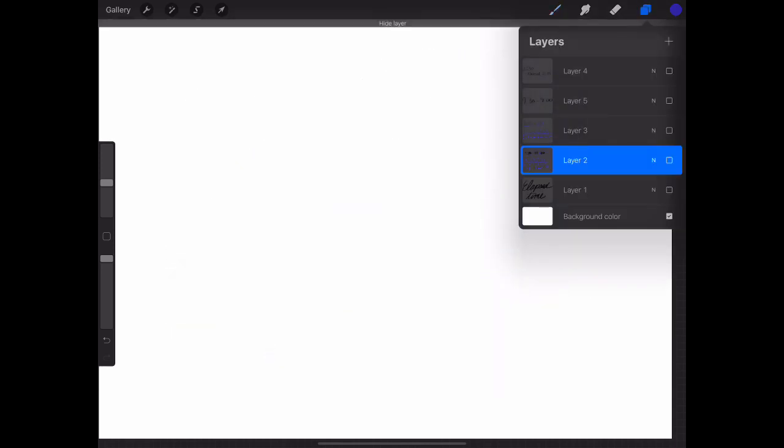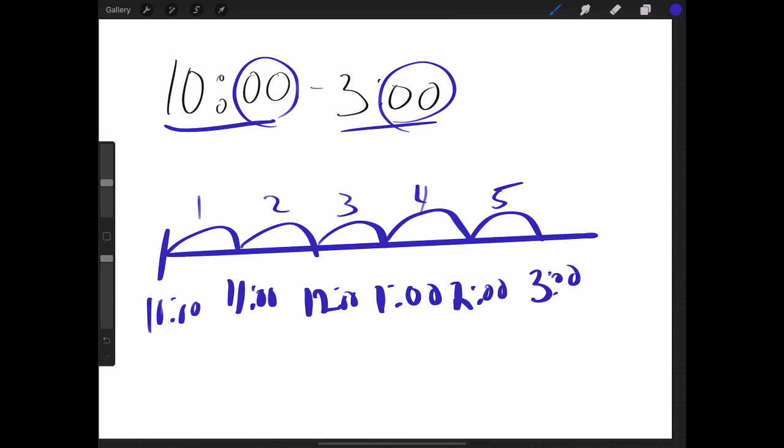But since on these they're the same, we don't have to mess with them. So this one, we're only looking at the hours, which goes from 10 to 3, and that makes 5 hours. You could also write it like this. Okay, let's do another one.